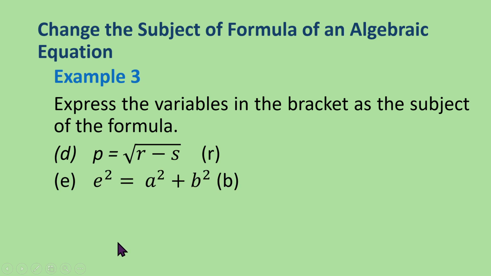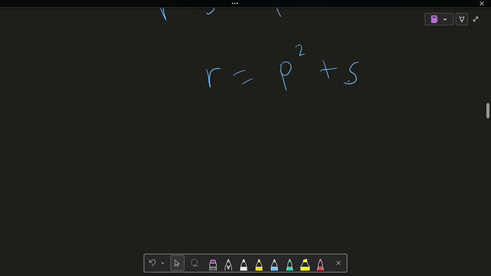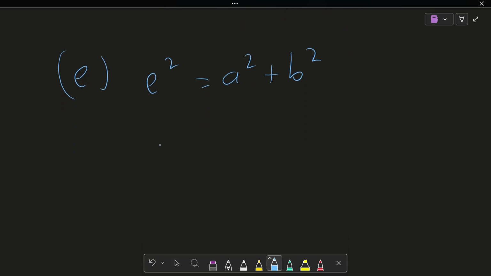So e square equals to a square plus b square. What is b? So e square equals to a square plus b square. So it's asking what's b. So basically you take b square equals to e square minus a square.